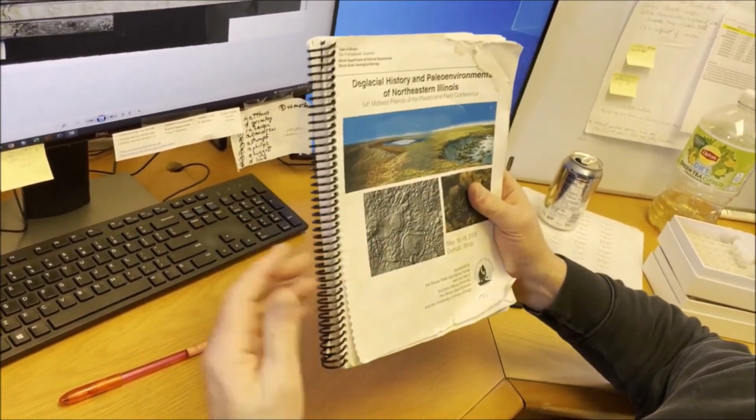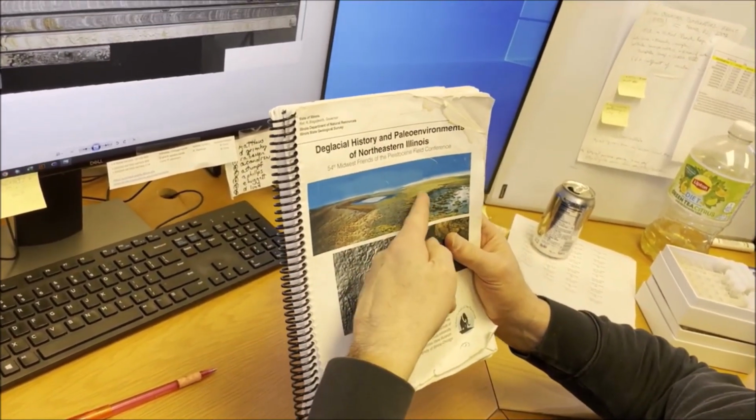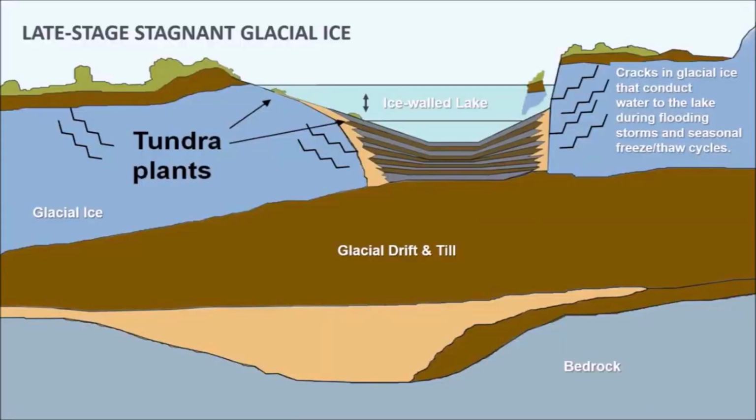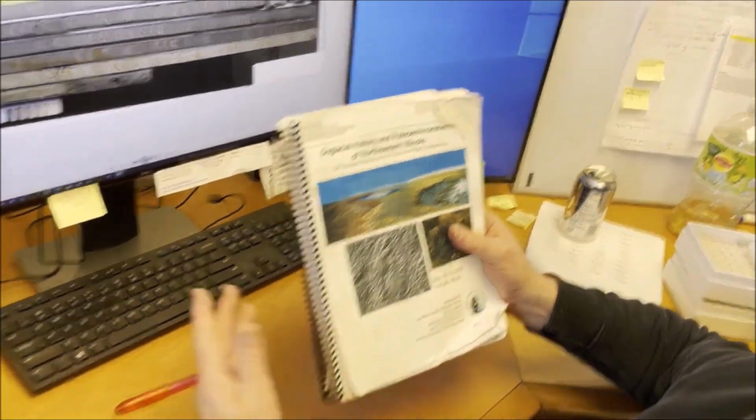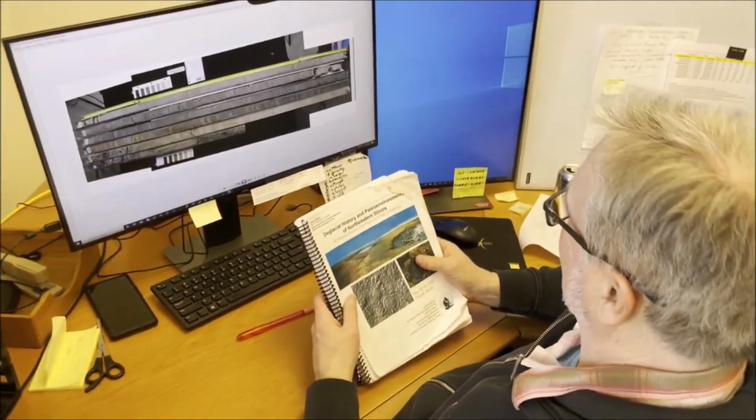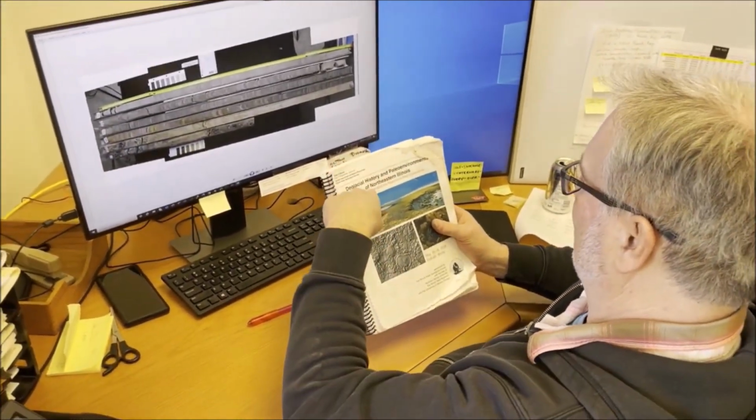So it's like groundwater, but it's going through cracks in the ice. So there are cracks in the ice that act as a conduit.